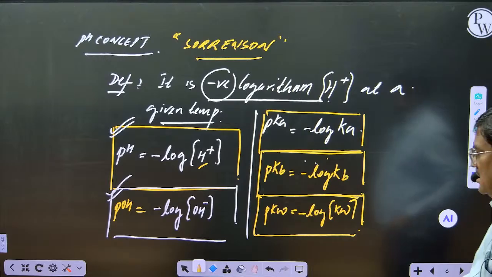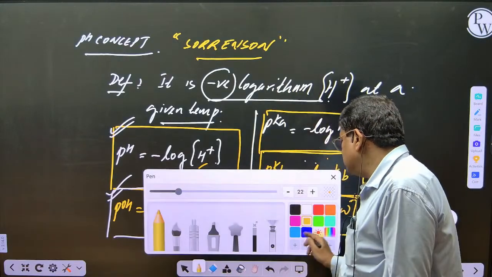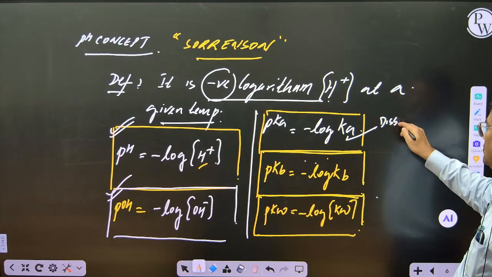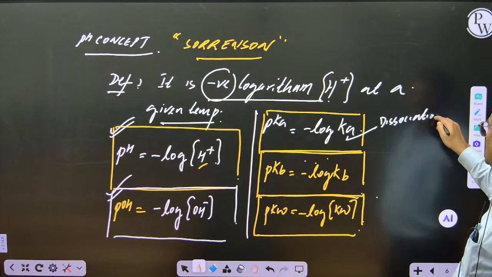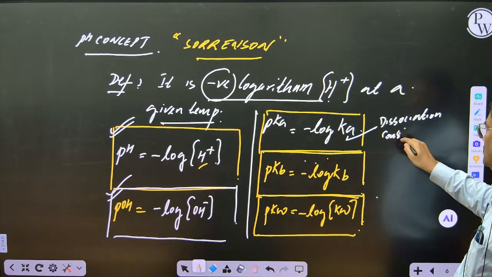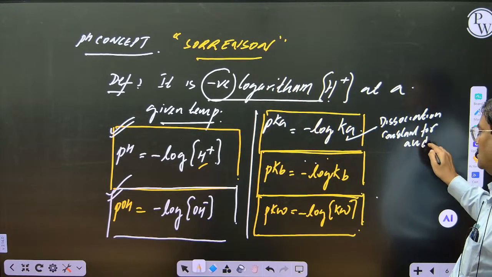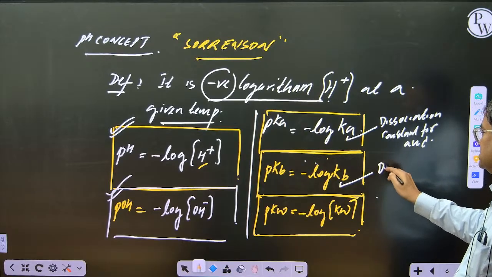And if you want, write here: what is Ka? Dissociation constant for acid. What is Kb? Dissociation constant for base.